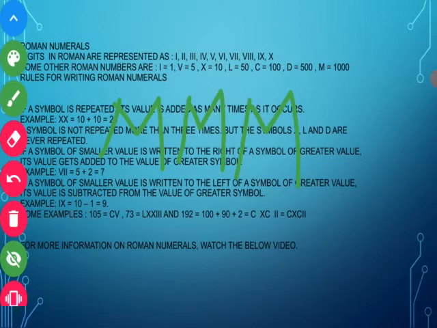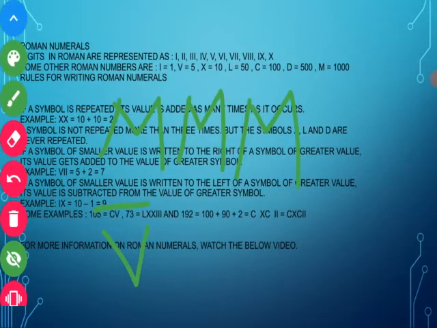Suppose you have a number like 5000, and you have to represent that bigger number. For that you make the symbol of 5, and above it you make a bar. This bar means 5 is multiplied by 1000.